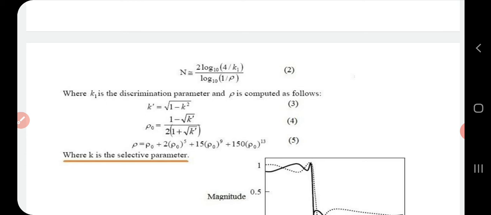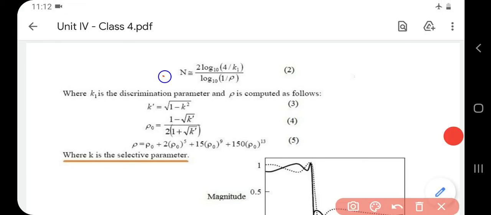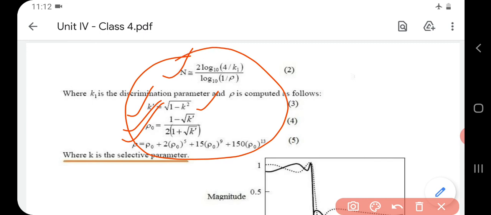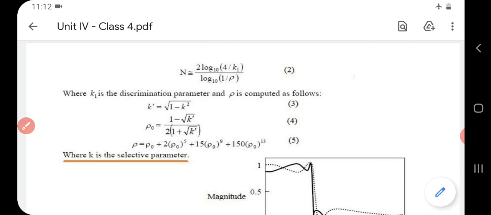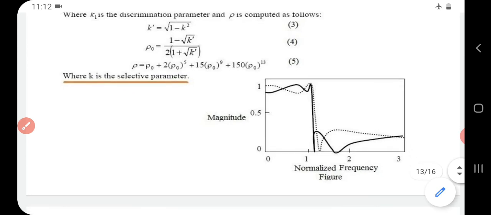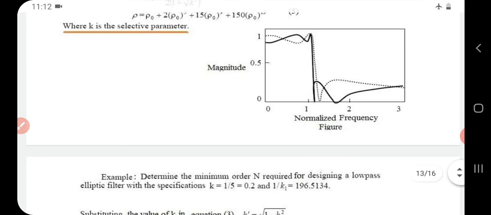So there are expressions for the order of the filter N, then K dash. What is K dash? Discrimination parameter. What is K? Selective parameter. Then expressions for rho 0 and rho. These expressions will be useful while designing an elliptic filter, and we will see this in a problem very soon. This is a magnitude versus normalized frequency response of an elliptic filter.